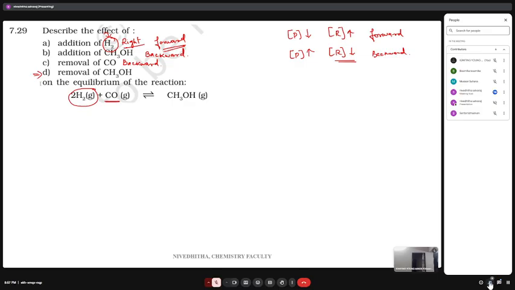Forward, ma'am. Yes, here they are removing methanol. Methanol is product. So basically we are decreasing the concentration of the product. By decreasing the concentration of the product, reaction will move in forward direction.